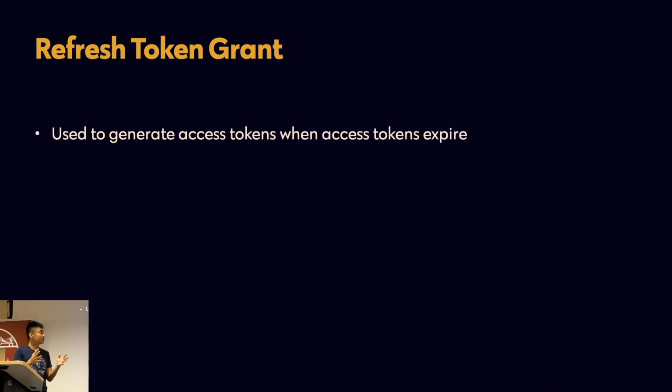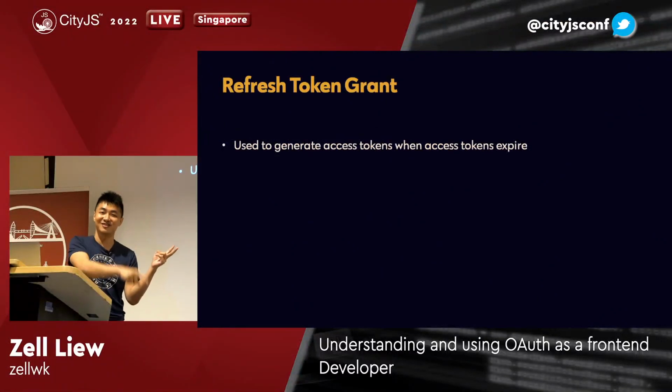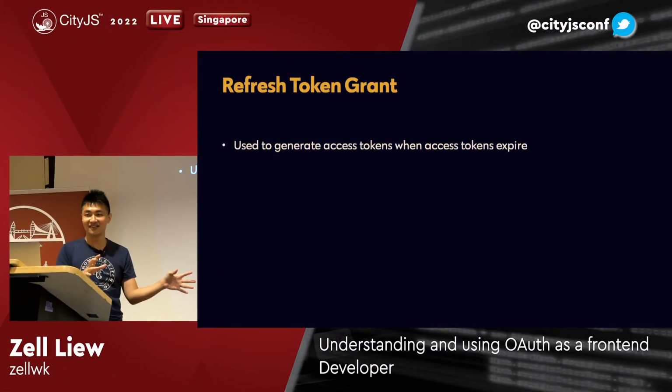So now the final thing I want to talk about is the refresh token grant, and it is used to generate access tokens when access tokens expire. And access tokens do expire. For example, Twitter gives you an access token for 2 hours. So imagine if you use Twitter and then 2 hours later you need to log into Twitter again, and 2 hours later you need to log in again. That is going to be bad UX.